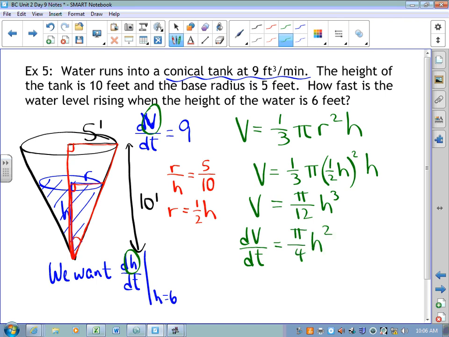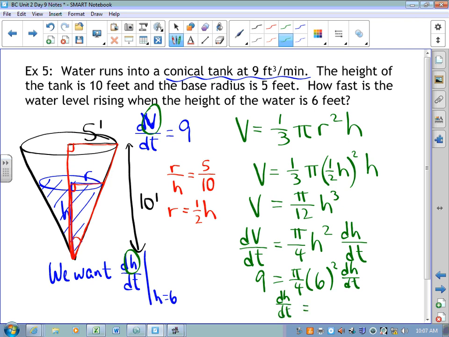Power decreases by 1, and then we multiply by the derivative of height with respect to time. So now we just plug everybody in. 9 is equal to pi over 4. The moment in time where we're interested is h equals 6, times dh dt. And solving from there is very straightforward.